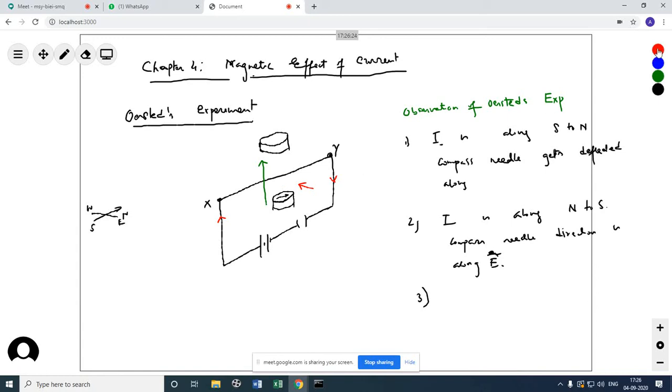So when you take it up, the deflection reverses. That means the deflection above the wire and below the wire is not the same.